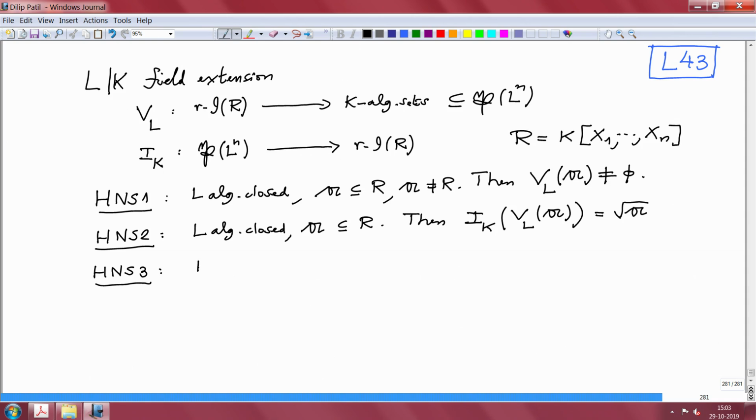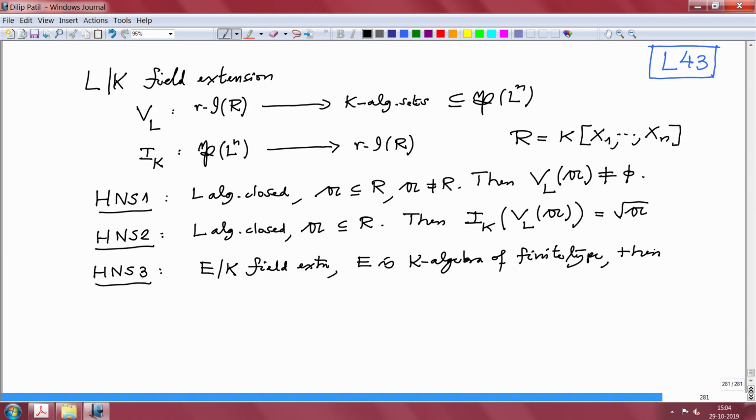So, if I have a field extension E over K of this base field K, and E is a K algebra of finite type, then E over K is algebraic.